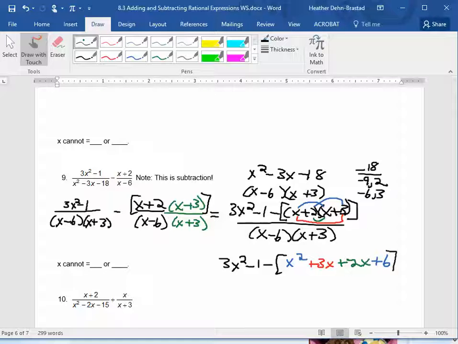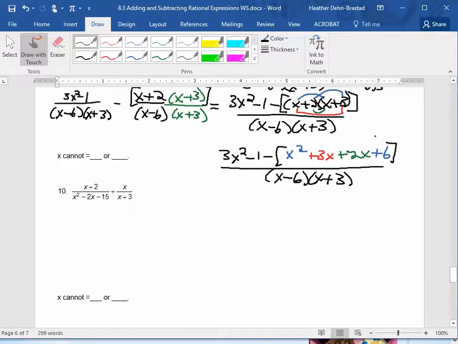So I FOILed that together. This is all over (x - 6)(x + 3). Now there are some like terms that I could have simplified there. The 3x + 2x would be 5x. So I could have written x² + 5x + 6.